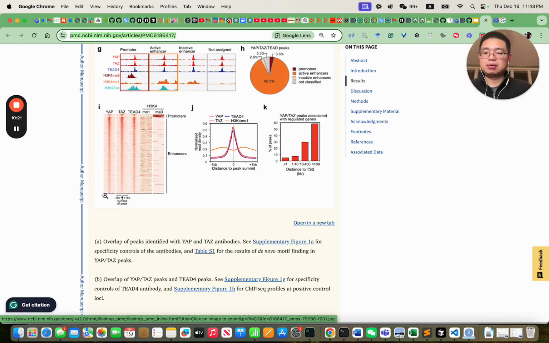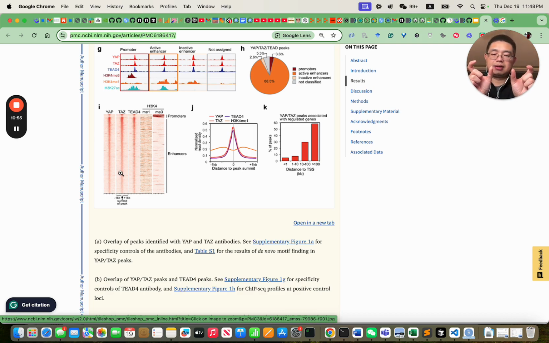So each row is a region. Each column is a bin around the summit of the peak. For example, one row here could be just one region, and this center is the center of the summit, and then you have maybe 5 kb upstream and 5 kb downstream.